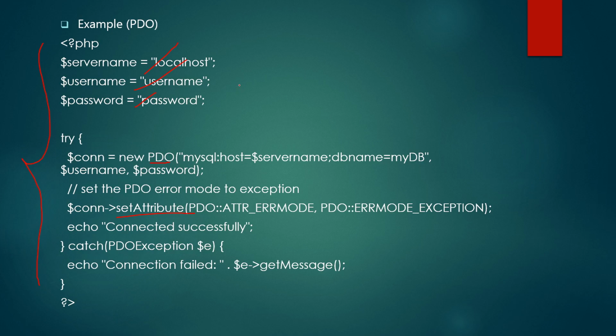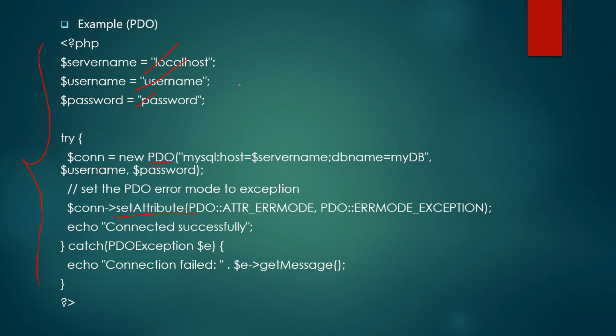Basically, my conclusion for making this video was to explain that there are three ways in which you can connect your PHP to MySQL. And if you want to connect your PHP to any other database other than MySQL, then you can go for PDO.